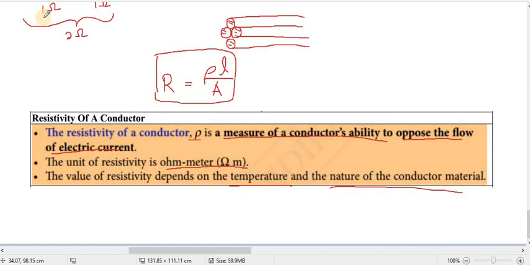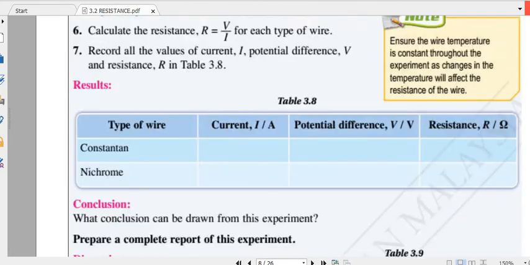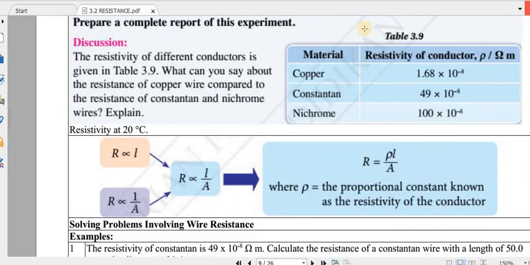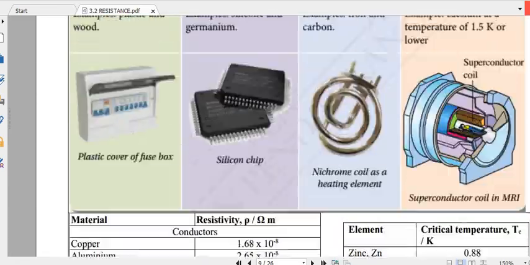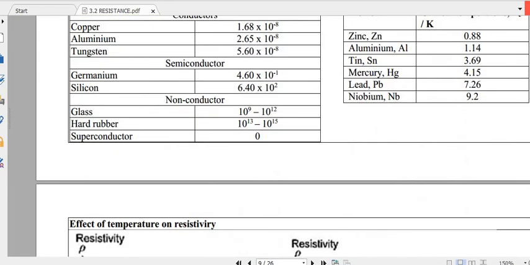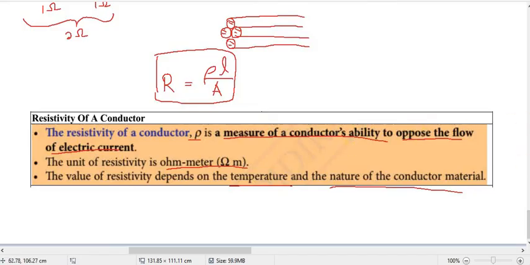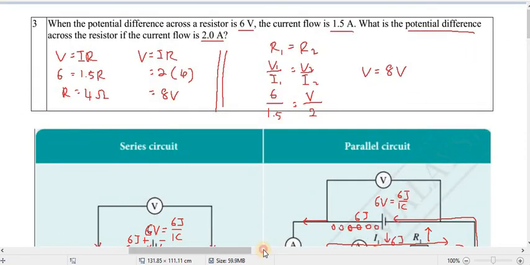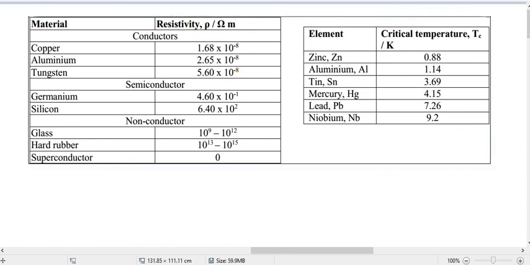For those that need to go for duty, you can go for duty. For the rest of you, we continue a little bit more on resistivity. I think in another two pages, you can see this table.